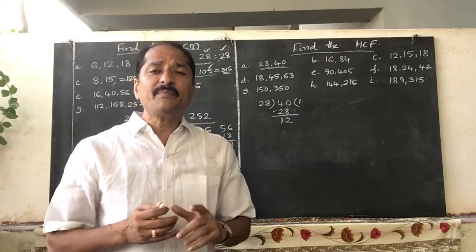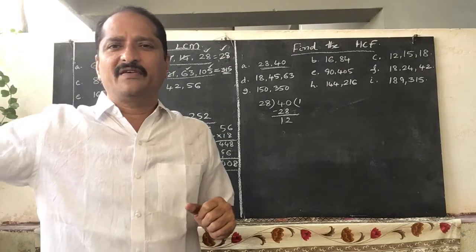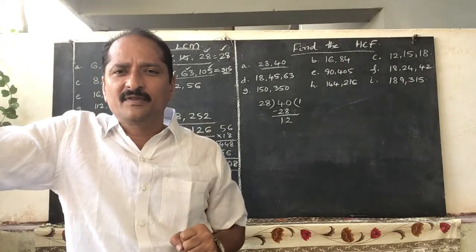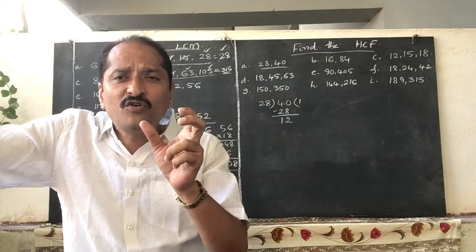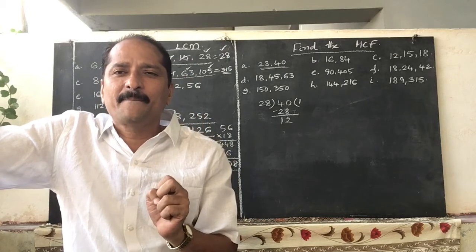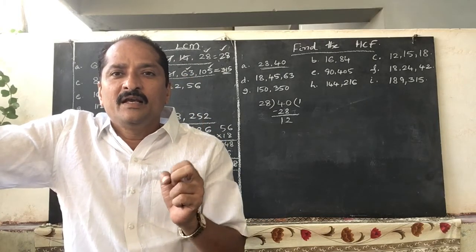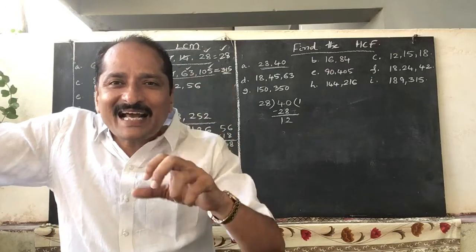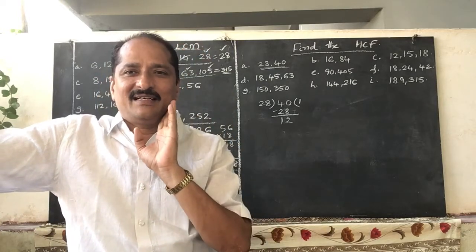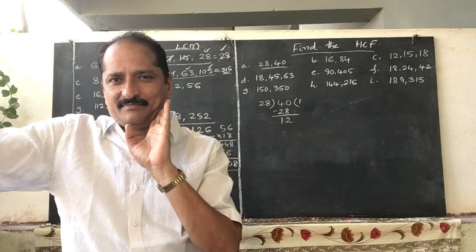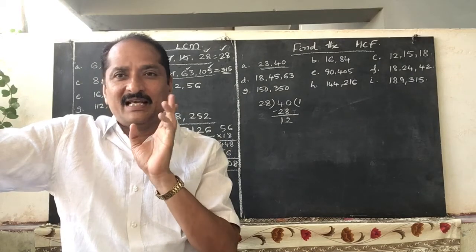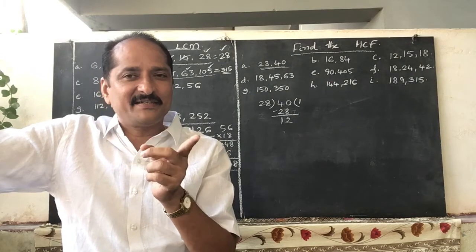Remember the property of HCF. The HCF of two or more numbers will be equal to or less than the smallest number. LCM is different, HCF is different.